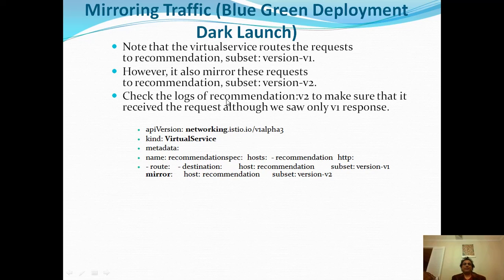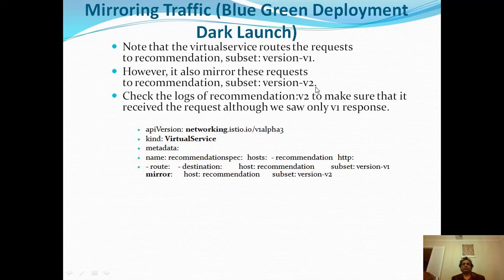We never touched on what blue-green deployment is. Blue-green deployment is nothing but you will have only one version, either v1 or v2, in production. But if you have v1 in production, you could send traffic to a mirror version called v2.